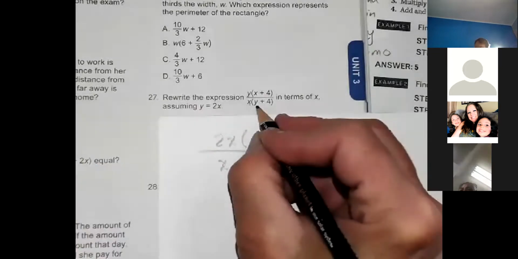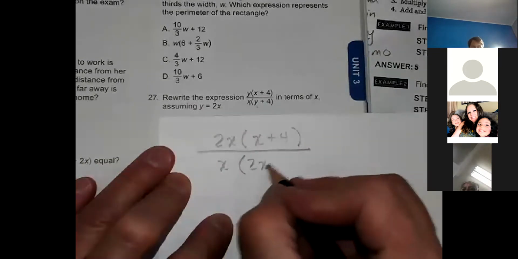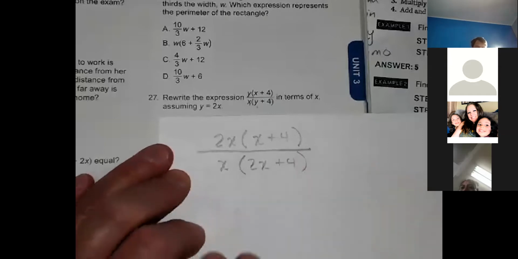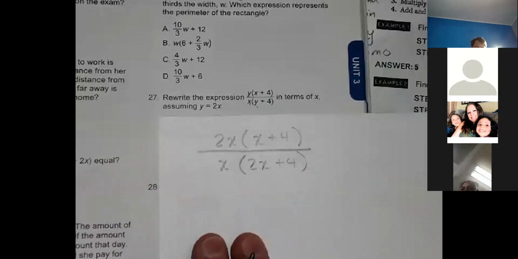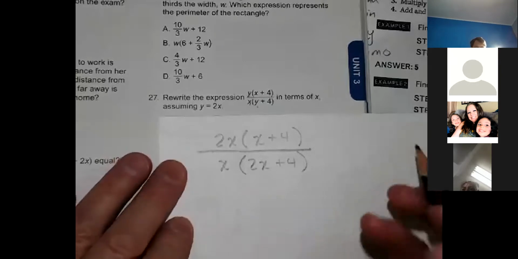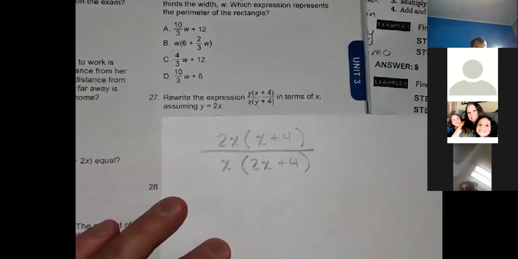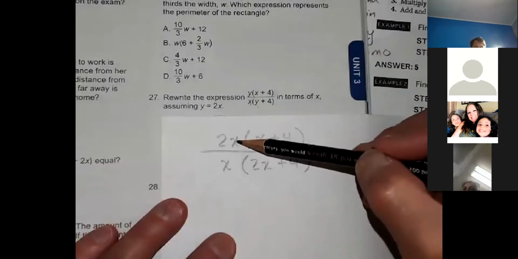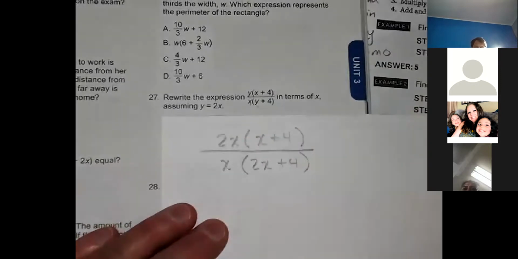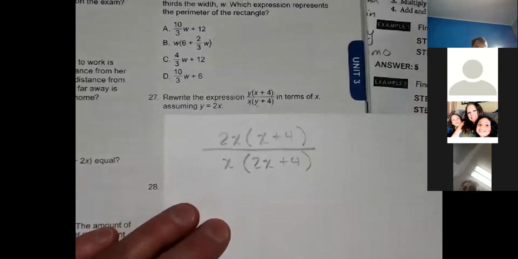This now has to be 2x. I don't know how many of you are comfortable with canceling things out when you have fractions.